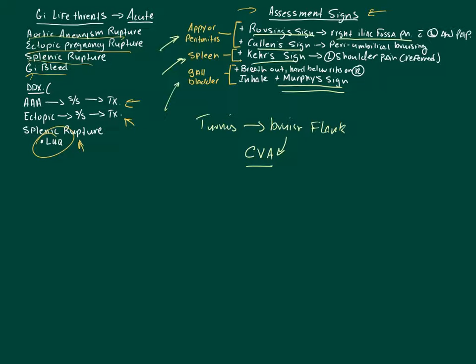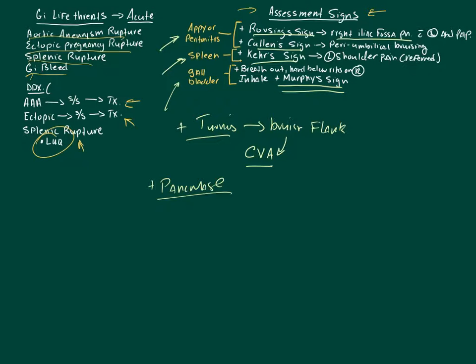What organ is in that area? Kidneys. You guys cool with that? When you have bruising around the flank, or this positive Gray-Turner sign, that is indicative of a renal problem potentially, or in some cases it can be bleeding that is collecting down there. Often that is the result of another organ called the pancreas, which we've already talked about, like hemorrhagic pancreatitis or pancreatic rupture or something along those lines.